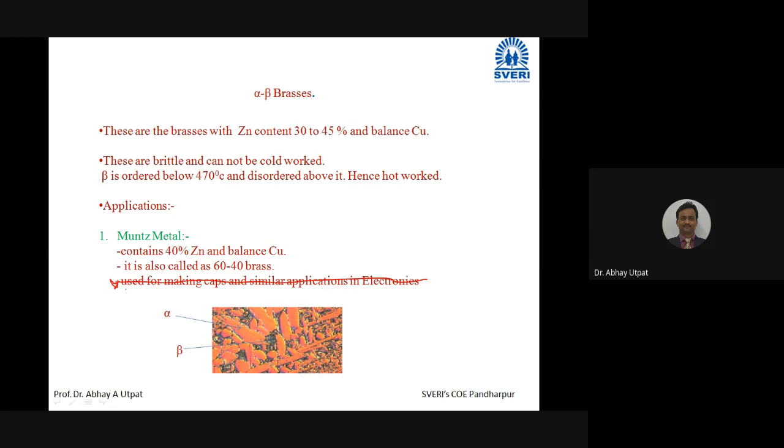See the microstructure. I will show you how to draw it simply. You are observing two phases there. The circle, and dendrites of alpha in the matrix of beta.